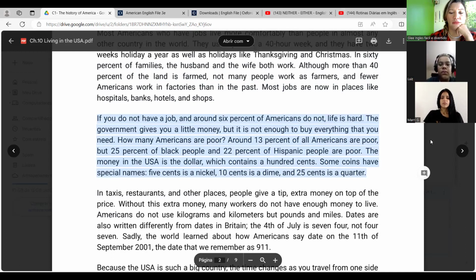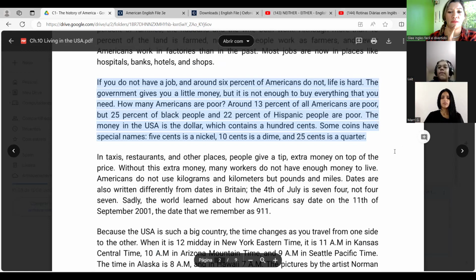How many Americans are poor? Around 13% of all Americans are poor. But 25% of black people and 22% of Hispanic people are poor. The money in the USA is the dollar, which contains 100 cents.